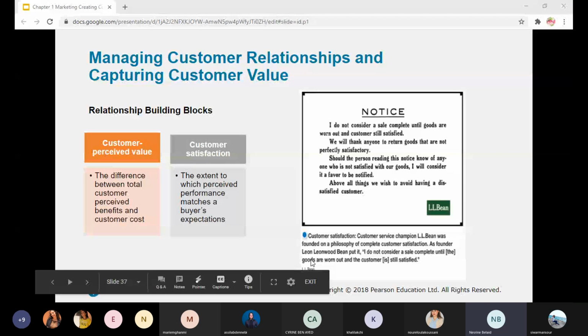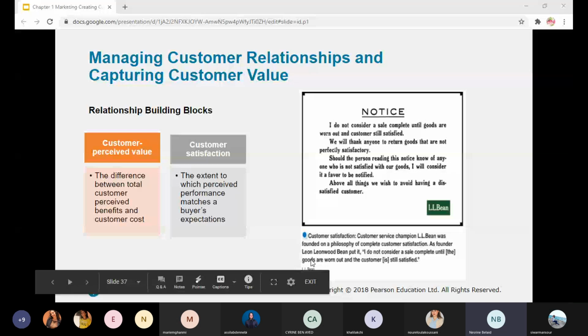And then when I use the product, I will have the product's perceived performance. I will be able to perceive the performance.